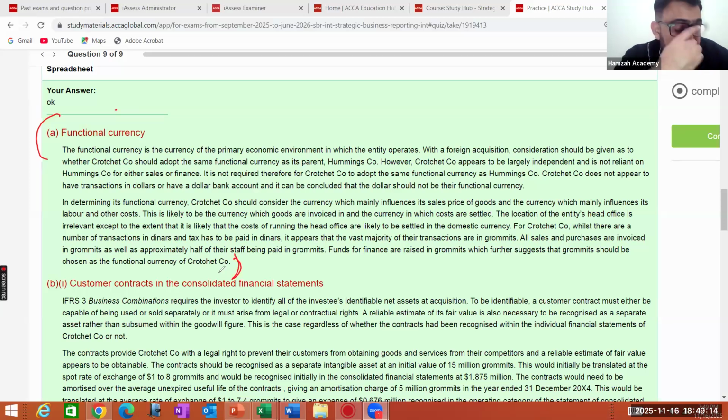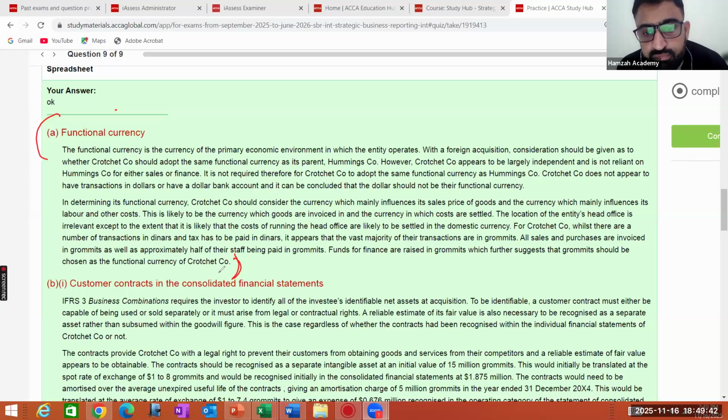So if dollar is not the functional currency, then what is the functional currency, whether it is dinar or grommets? So you know that sale invoice is generated in grommets only. All other expenses are in grommets and dinar, but the sale is the primary factor, which is generated only in terms of grommets. And the majority of the operational expenditure and financing is also raised in grommets.